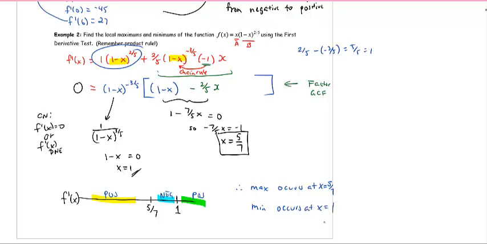So even though that was where it doesn't exist, it's still a critical number. And what you'll see from the number line is that, yes, it does become a minimum. Because to the left of it the slope is negative, and to the right of it the slope is positive. All right, that's all.